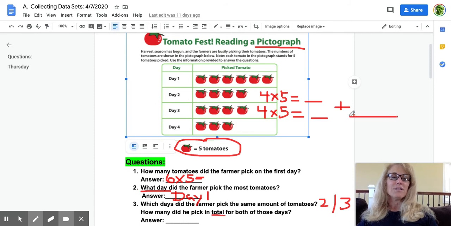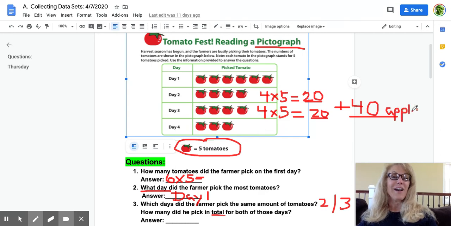All right. Did you do the math? 4 times 5 is 20. 4 times 5 is 20. And 20 plus 20 is 40. 40 what? 40 tomatoes. And those are tomatoes picked.